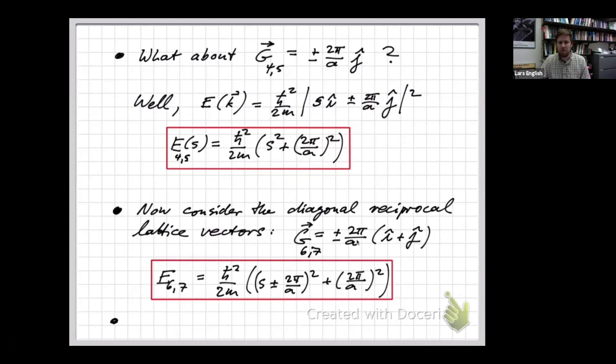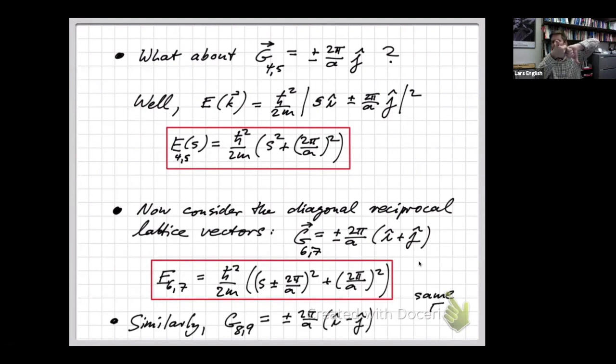So the i hat part of the vector will combine with the k vector, which is also proportional to i hat, and that is this part here. And then we still have the y component of the g vector to account for, and that is this piece here. And so we get E6, 7 that way. So those were those diagonal reciprocal lattice vectors.